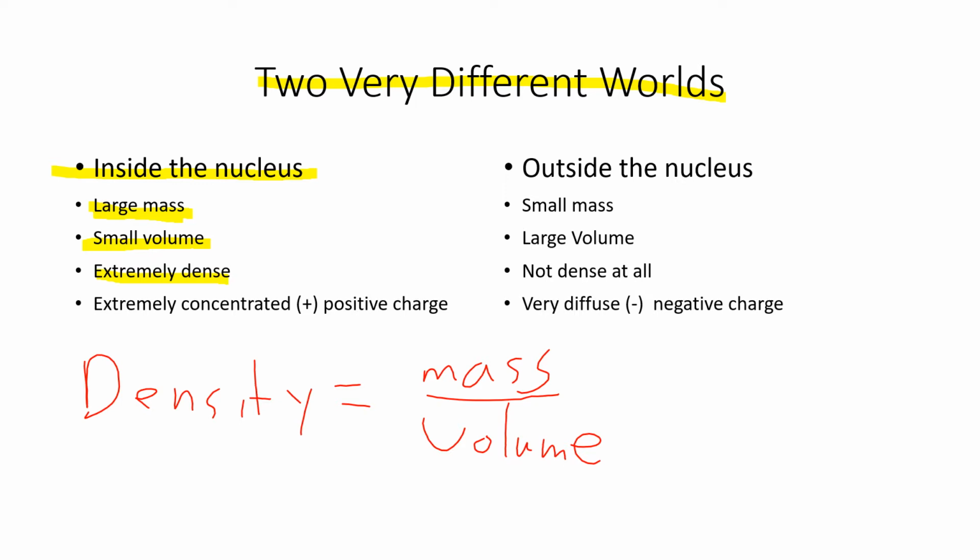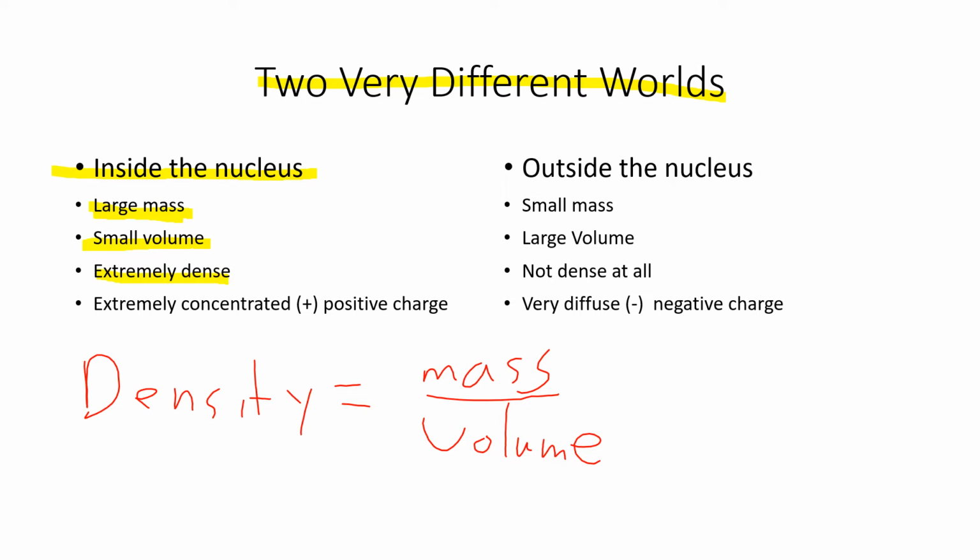To give you an idea of how dense the actual nucleus of an atom is, I want to relate this to something you're familiar with. You're familiar with a coin or a small piece of metal. You recognize those things as relatively dense. Of all the different types of matter you interact with, that lead weight or that sinker is very dense.